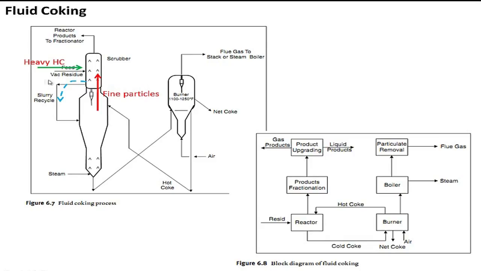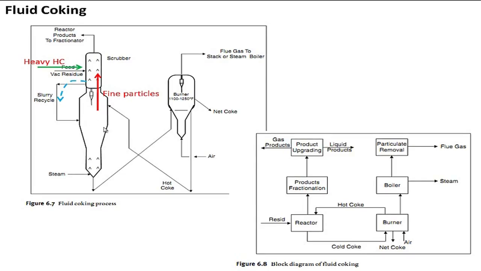This is the fine particle, this is the heavy hydrocarbon. After scrubbing, that heavy hydrocarbon containing fine particles will be recycled to the reactor in slurry form. This feed is cracked to vapor and lighter gases, which pass through the scrubber to the fractionator later on.